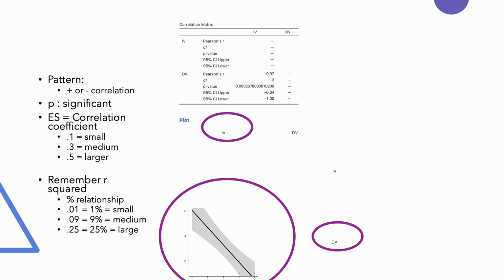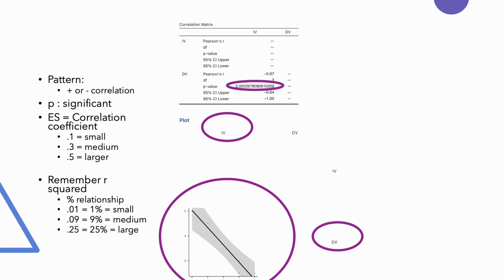But ultimately, is this a positive or negative correlation? Well, we can see as values on the independent variable go up, increase in value, the values on the dependent variable go down. The dependent variable is the vertical axis. The independent variable is the horizontal axis. So we see we have a negative correlation.